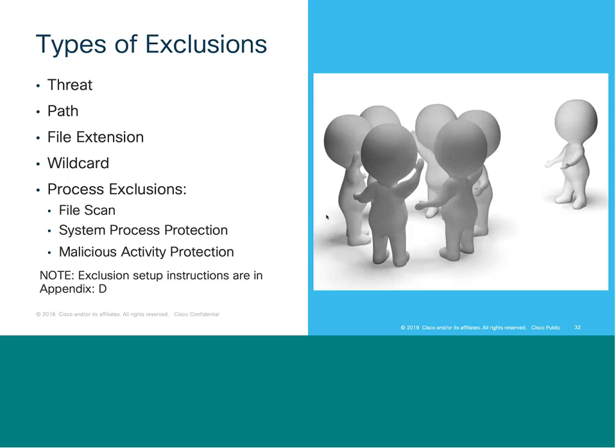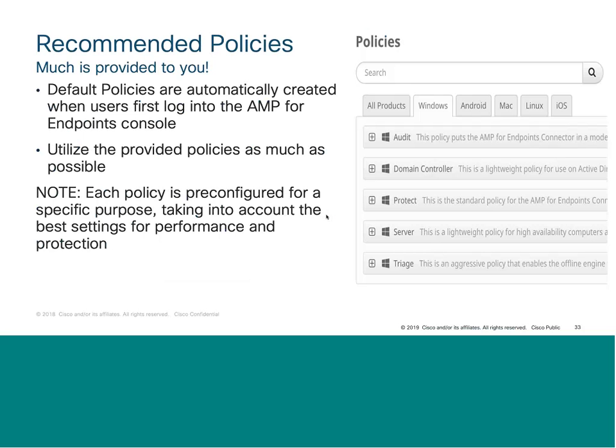So with that in mind, let's move on to the next section. Policies, recommended policies. When you first set up AMP for endpoints and you're configuring your console, you're provided with a series of policies.